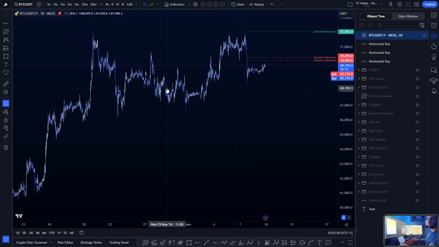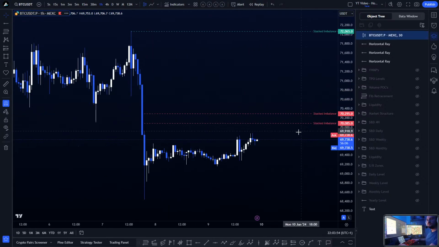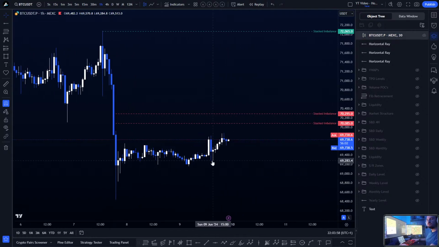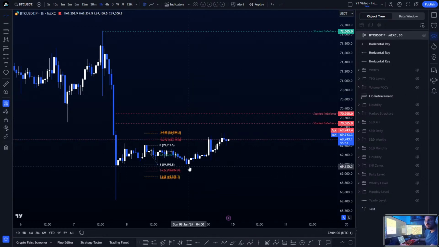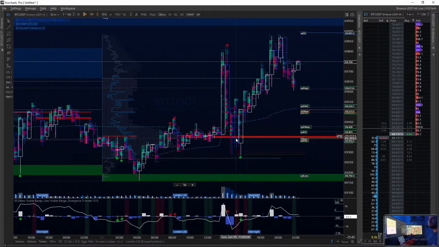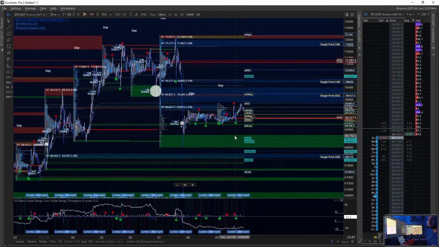Just for us to be able to see a little bit more of the chart, because we have a bit of mixed imbalances down here on these lows. It wouldn't surprise me to see price taking out these lows, ranging, and starting to push up would be nice. Anyway, okay, 30 minutes is here.